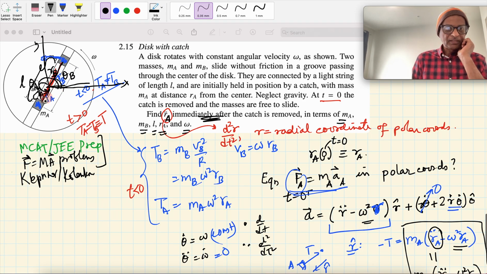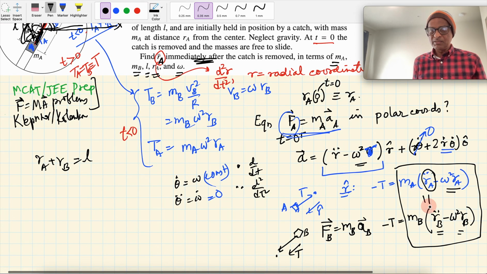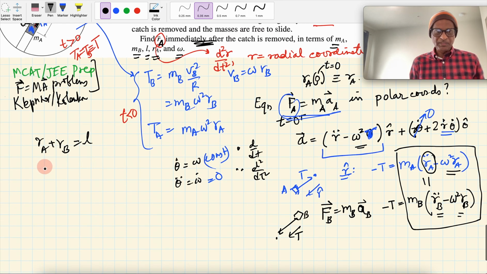When we look at it, you have an r_A here and r_B here. That's equal to the total length of the string. So you have r_A plus r_B equals the total length. That just says that these can be converted into each other, okay? And can solve the problem. So if I take one derivative, r_A dot plus r_B dot equals 0, that I don't need.